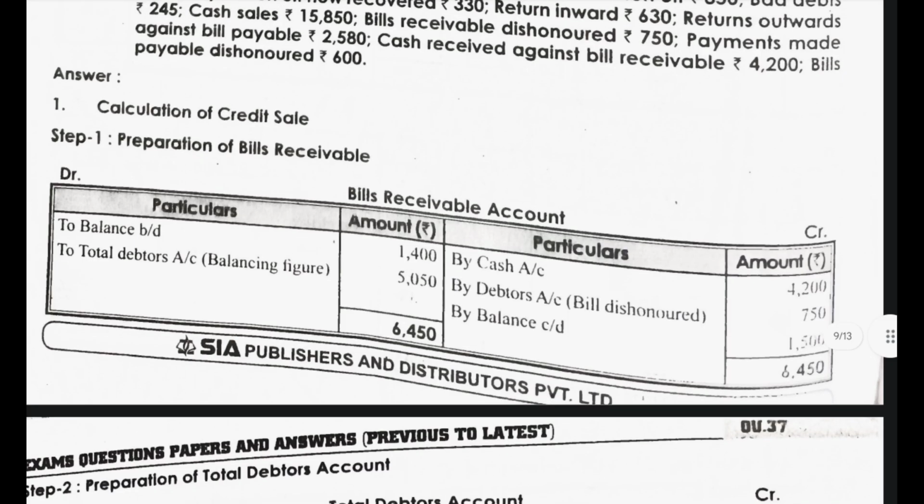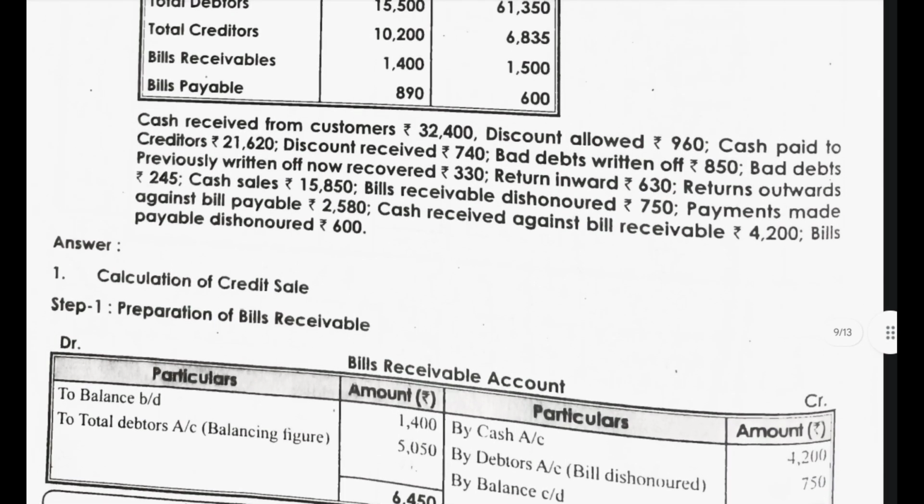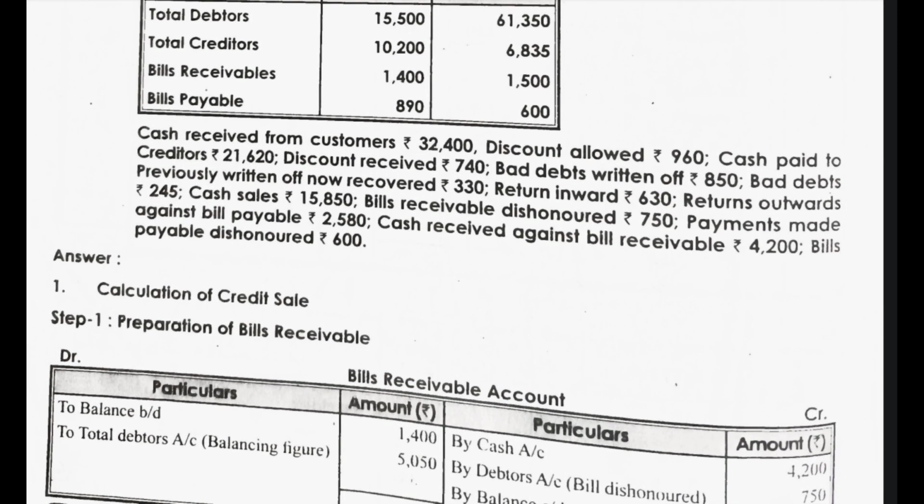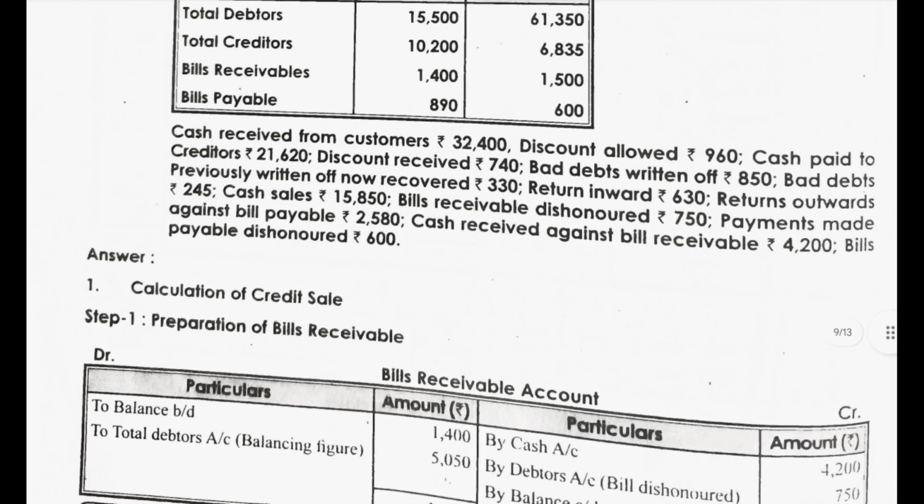Now, relating to bills receivable, two items are given in the adjustments: bills receivable dishonored and cash received against bills receivable. Cash received against bills receivable, 4200, you take on the credit side of the bills receivable account, by cash 4200.